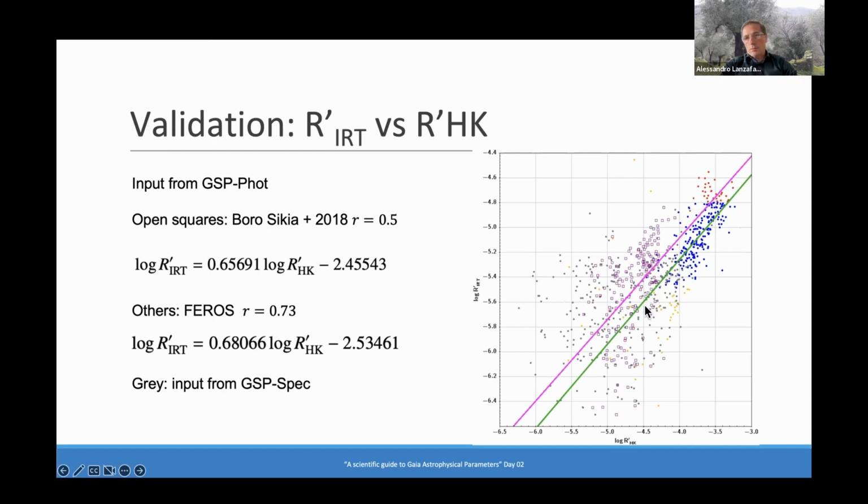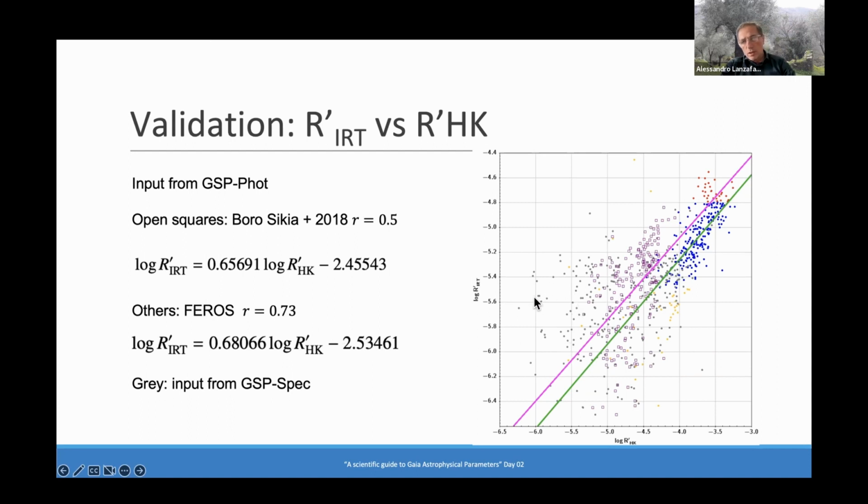This is essentially the fit. And another source is our computation on the archive FEROS spectra, which gives a quite nice Pearson coefficient of 0.73.